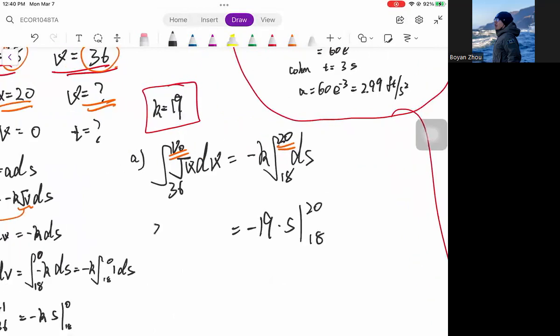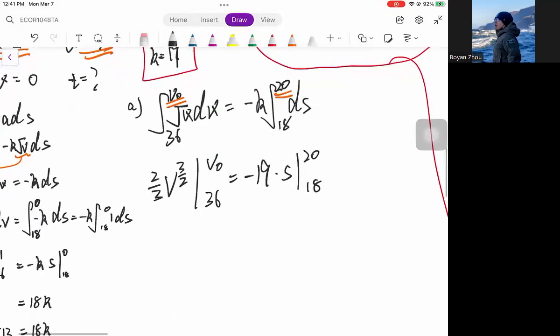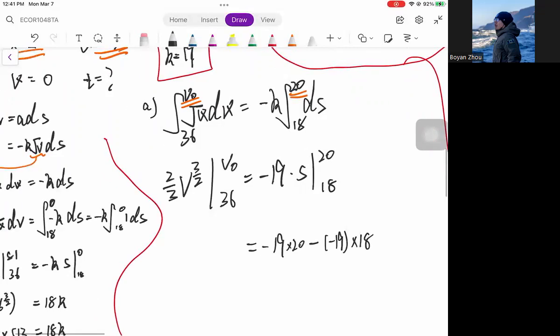And on the left hand side, just going to be the same thing, evaluating from 36 to V naught. On the right hand side, we're going to put in negative 19 times 20 minus negative 19 times 18.